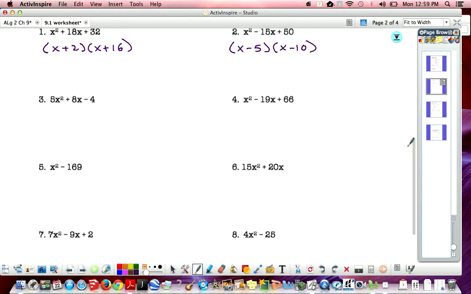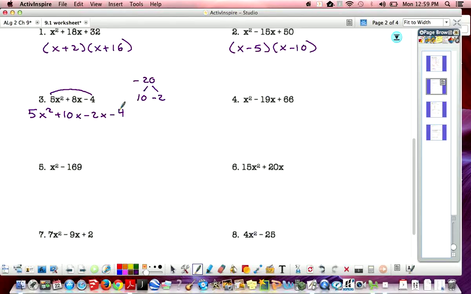On the next one, since we have a leading coefficient of 5, you're going to multiply the 5 and the negative 4 to get negative 20. So then you're going to think of two factors of negative 20 that add to 8, which are 10 and negative 2. So now you can write this as 5x squared plus 10x minus 2x minus 4.